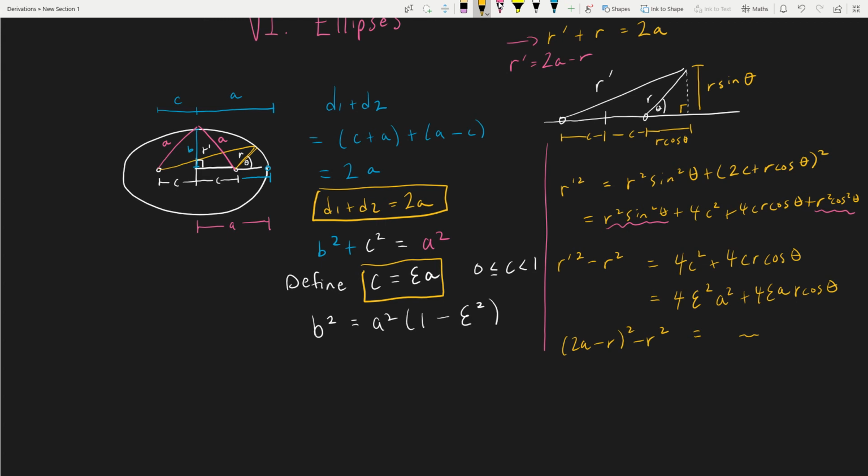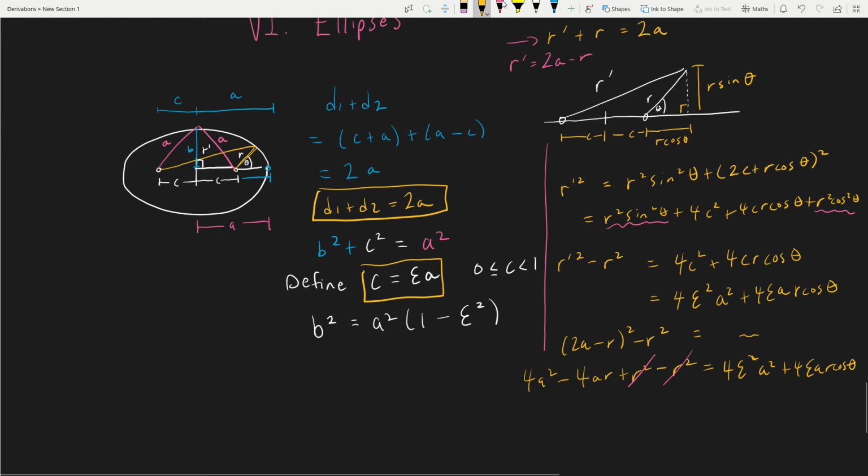What we get here is 4a squared minus 4ar plus r squared minus r squared. That's kind of nice. We notice that these two r squareds cancel. And on the other side, remaining, we have 4 epsilon squared a squared plus 4 epsilon a r cos theta.